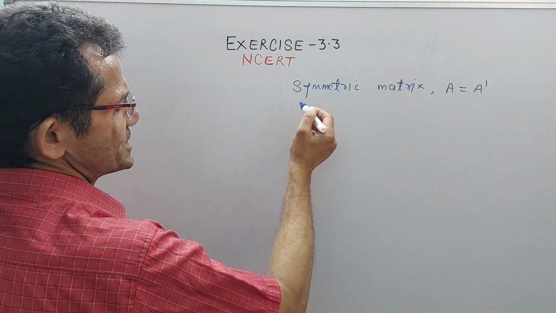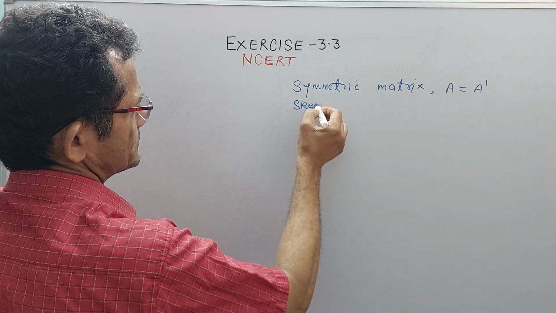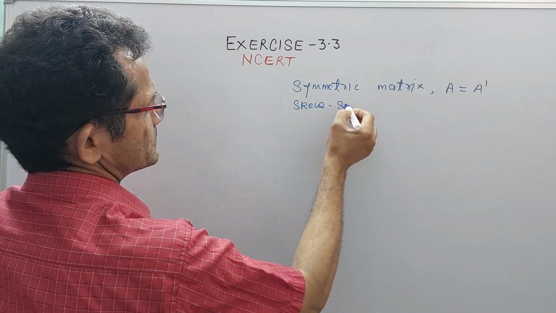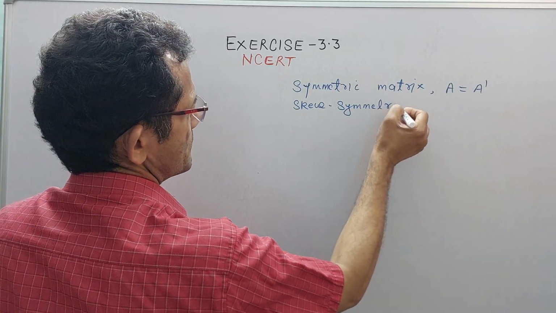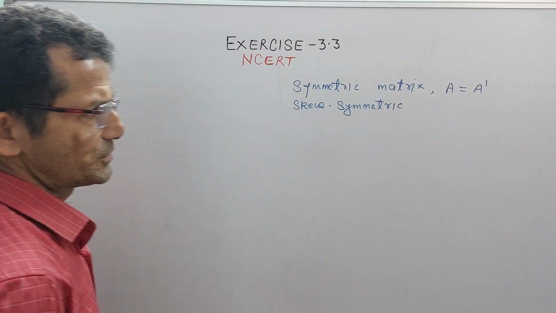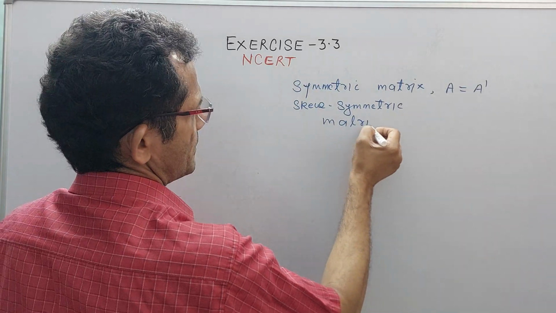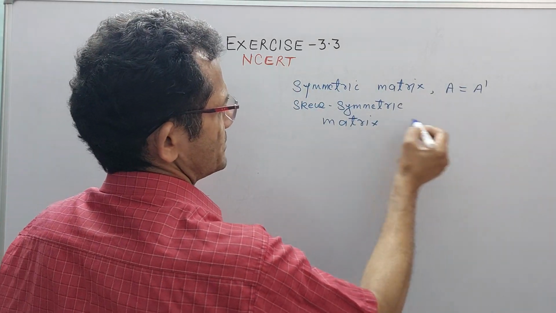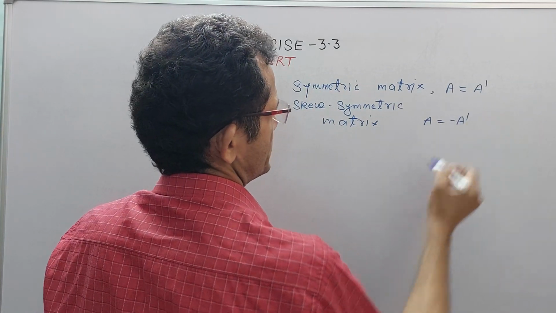And for an anti-symmetric or skew-symmetric matrix, we should have A is equal to minus the transpose of A.